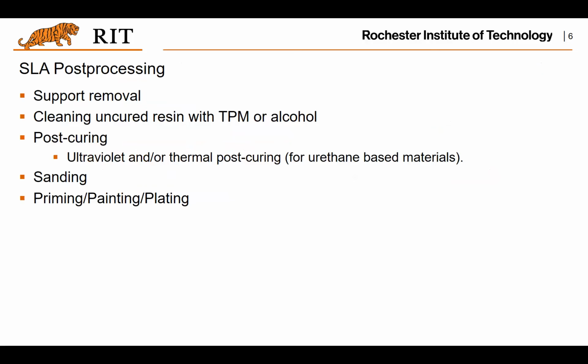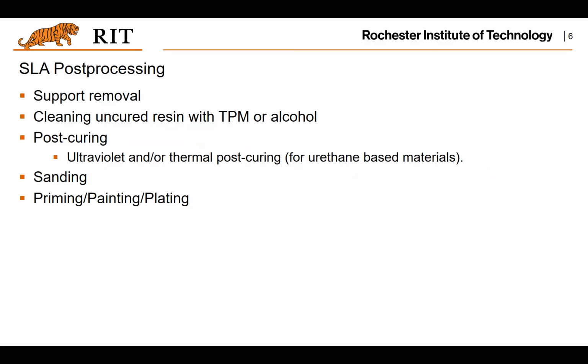You want to further harden the parts using a post-curing. It could be an ultraviolet or thermal post-curing. No matter how you do it, you want to further cure the parts such that its stiffness becomes better.